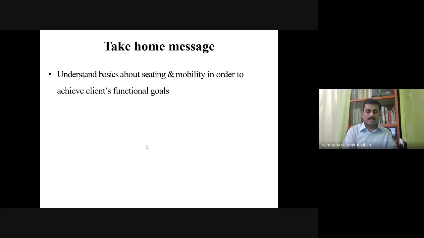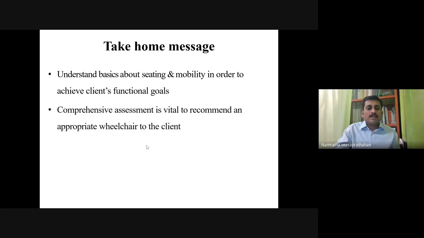By the end of this presentation, I hope you have heard the basic knowledge about seating and mobility. Always think from the patient's perspective. Keep your options open and try to serve the disabled population. It's very huge, based on the WHO statistics. And comprehensive assessment is vital to recommend an appropriate wheelchair to the client.